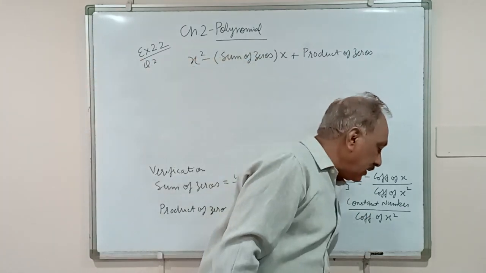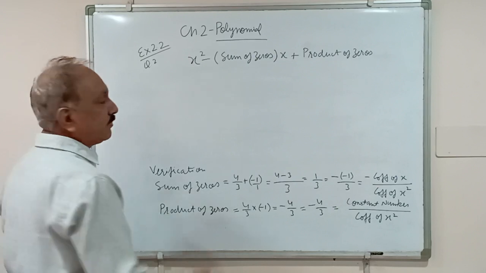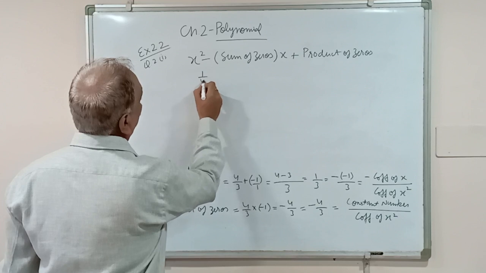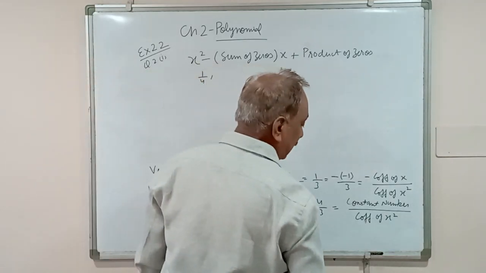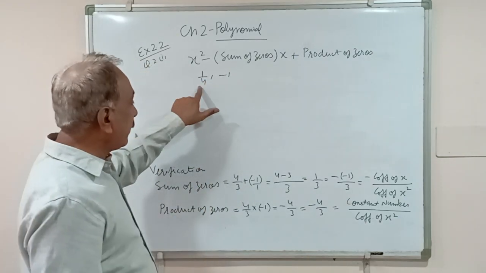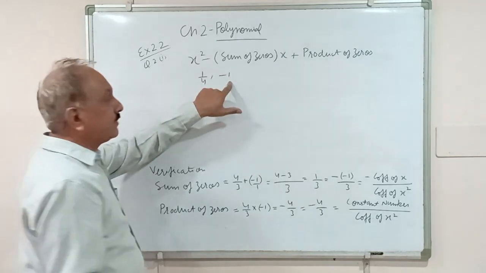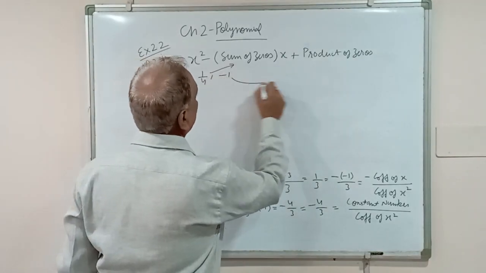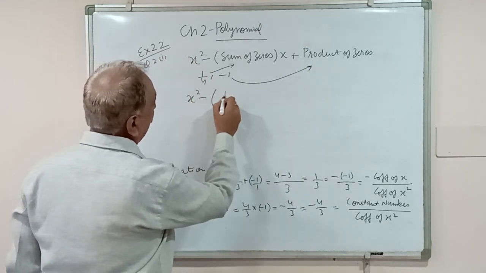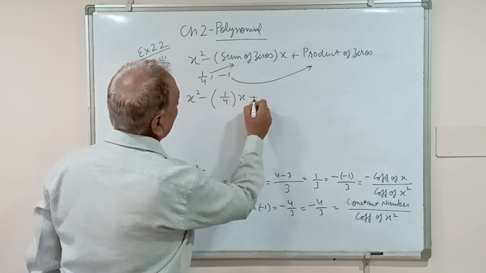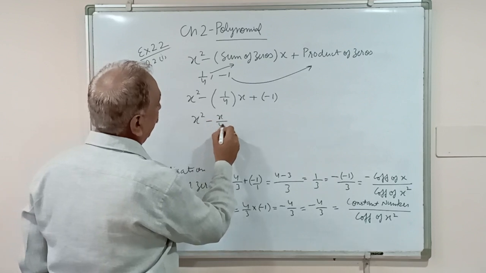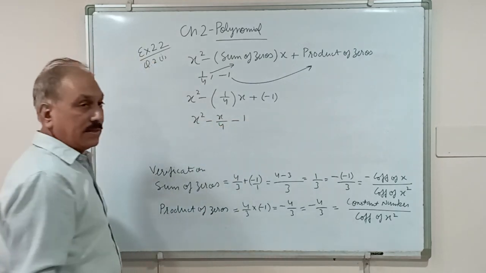In second question, first part, sum of zeros is 1 upon 4 and product of zeros is minus 1. This is sum of zeros, this is product. X square minus 1 upon 4 x plus minus 1, x square minus x by 4 minus 1.